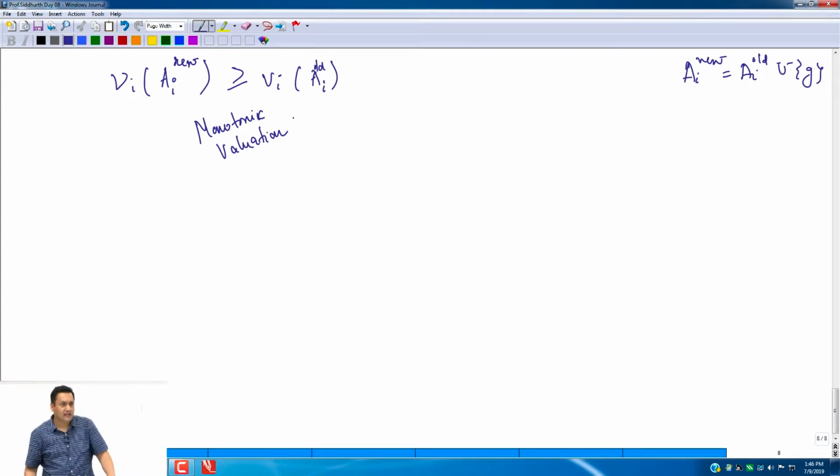So note that what I have argued so far is extremely general. There's no place I have made the assumption that the valuations are additive. I have assumed nothing about the structure of the valuation except for this inequality right here, where I am assuming that the valuations are monotonic.